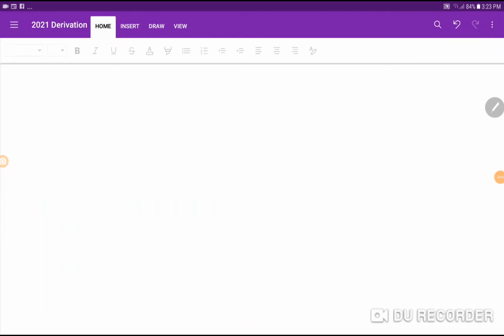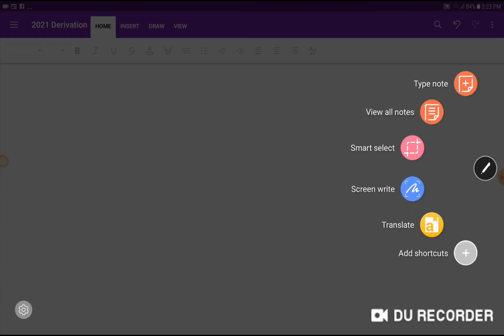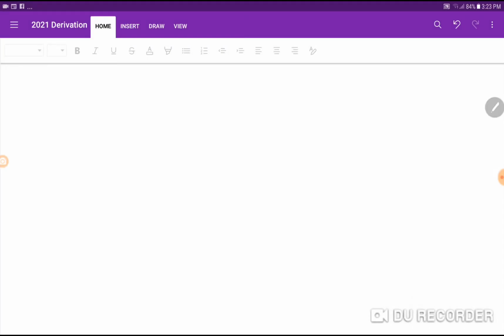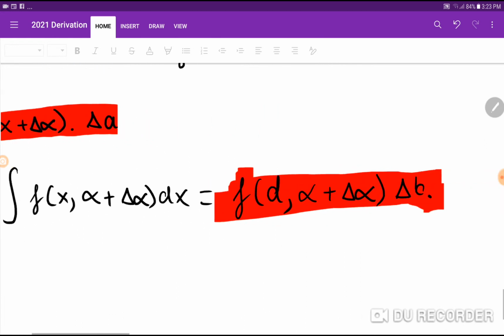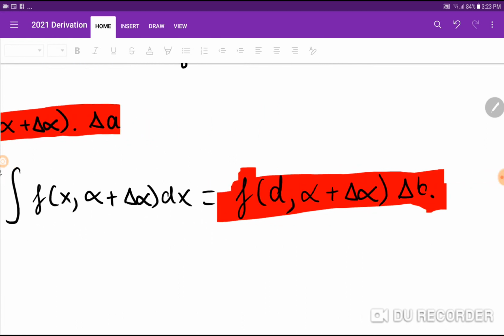Hi everybody, welcome back. And now after all the pain, all of the excruciating work we have gone through to calculate I1 and I2 in terms of a more similar equation to get rid of the integral sign, now it's just like this.